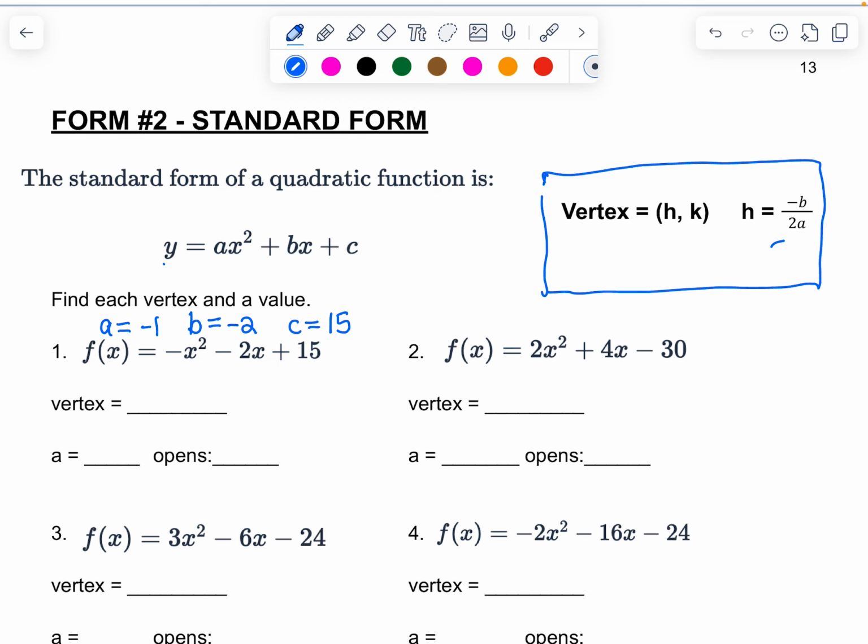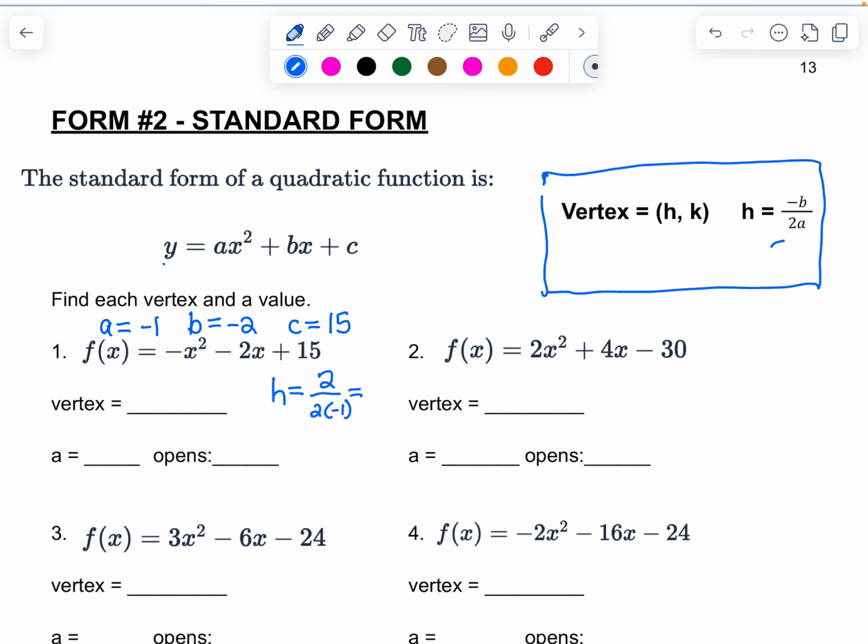So I'm going to just go over here, do a little side. H equals the opposite of B. B is -2, so the opposite's going to be 2 over twice A. Okay, and that's going to give me 2 times -1. Okay, hold on a second. I just want to make sure. Yep. So we're saying twice A. 2 times -1.